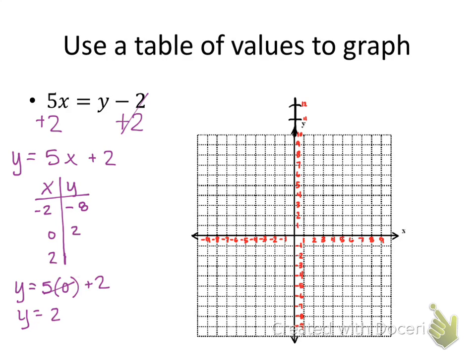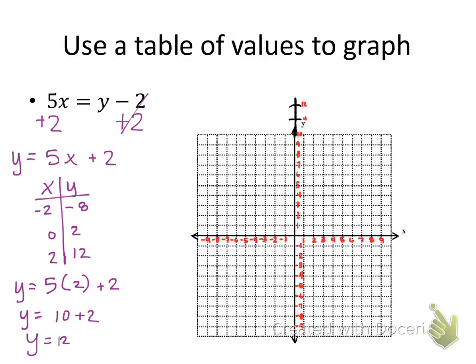So I get 2. All right, plug in my next value for me. What does my equation look like? 5 times 2 plus 2. Very good. What do I get after I work that for the first step? 10 plus 2, but that's 12. Okay, so y equals 12.